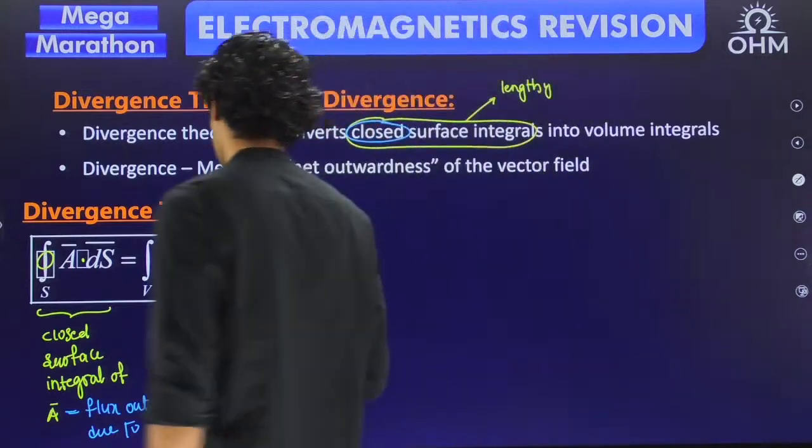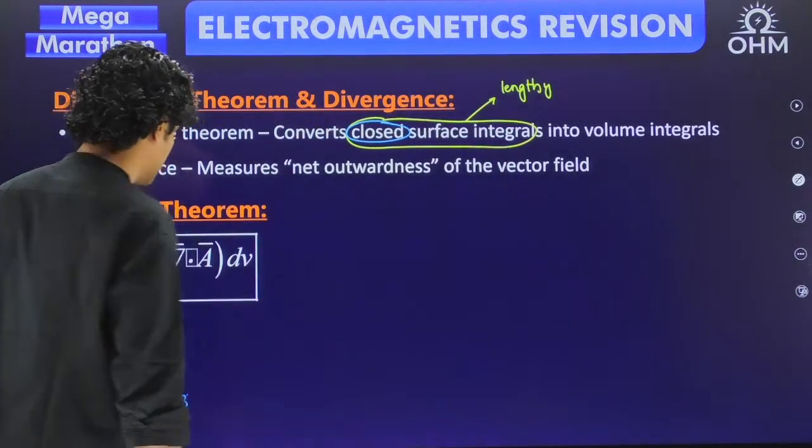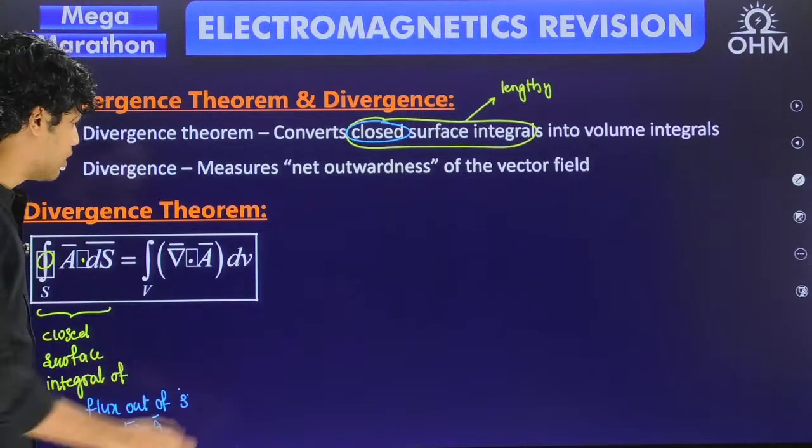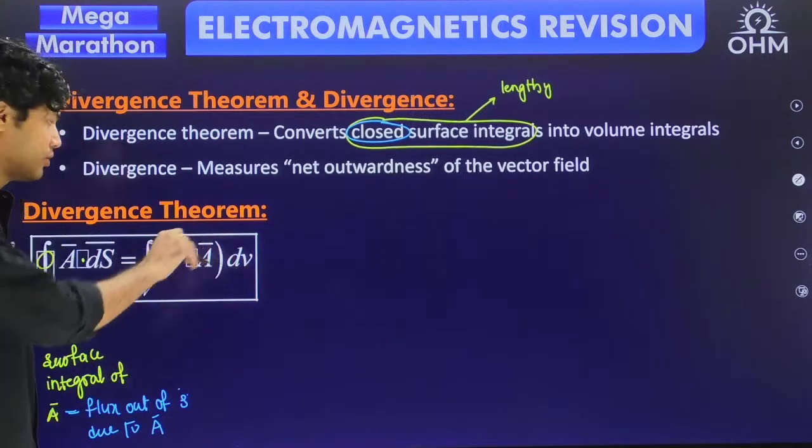Now the RHS part becomes equal to a volume integration, not of A bar but rather divergence of A bar.